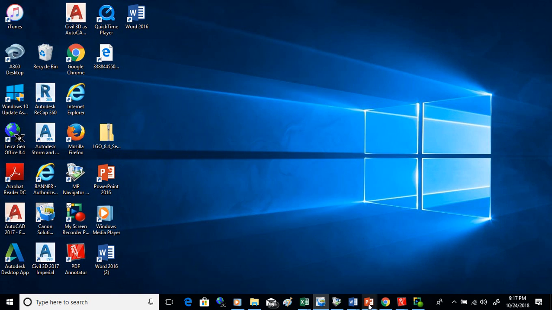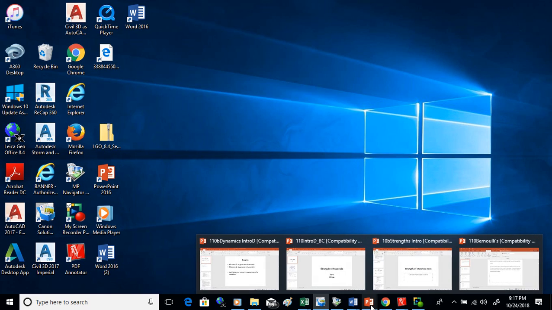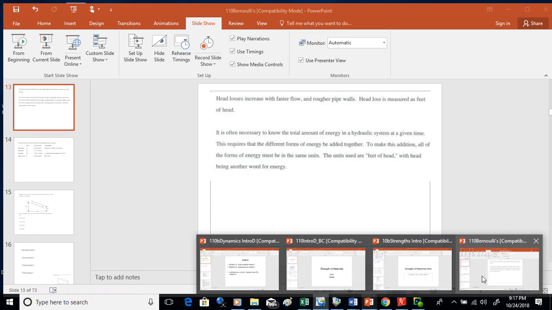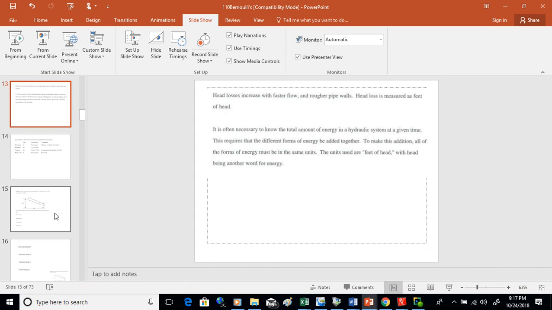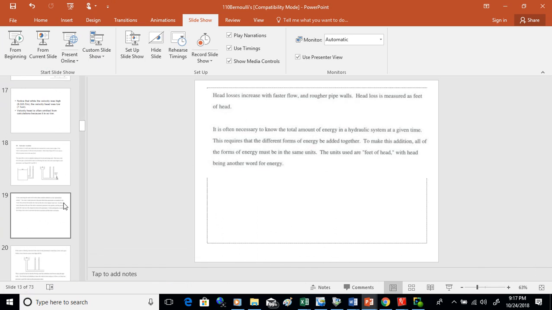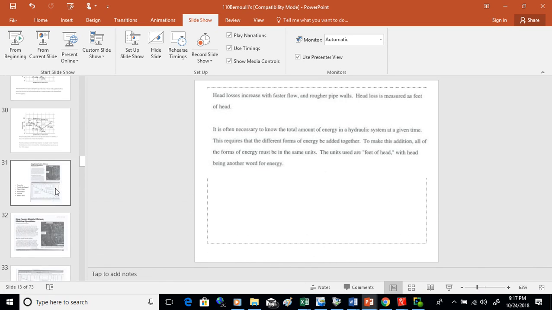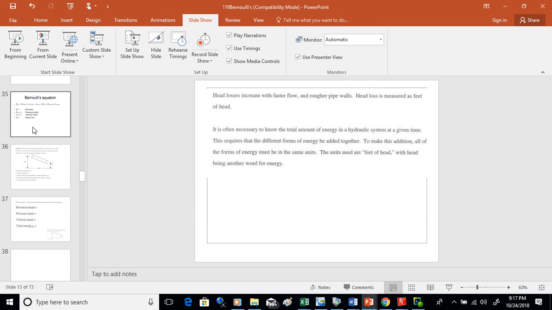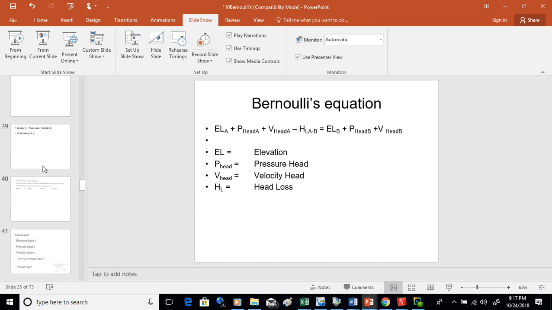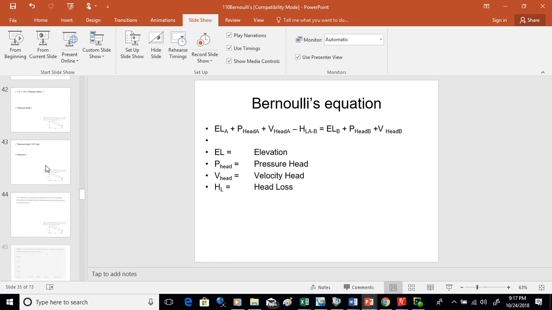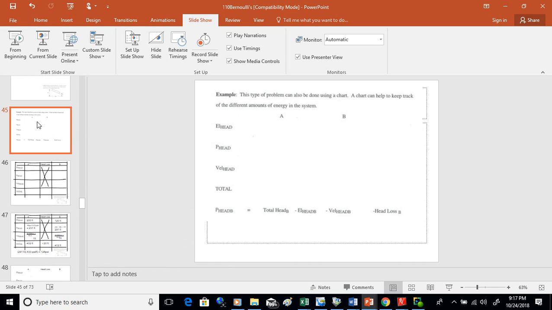Now, we know we've got head loss as we move to B, so let's see what happens at B. So what we've got going on there is we can figure out what's happening at B if we consider the head loss.